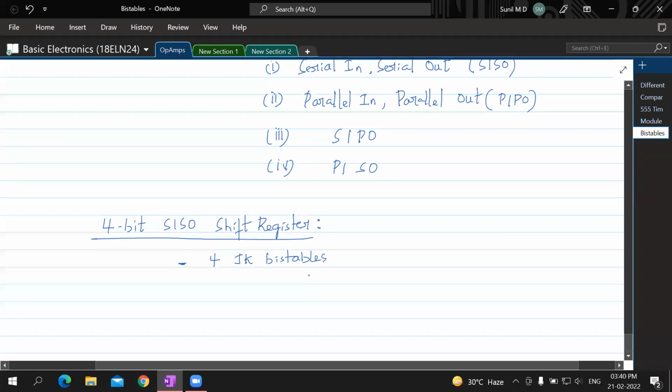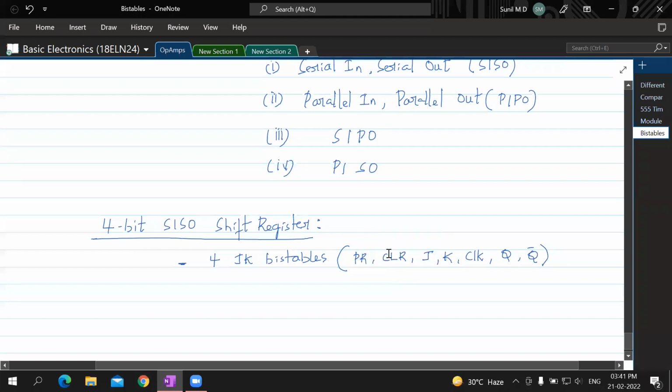4 JK flip-flops. All the 4 JK flip-flops have PR, CLR, J, K, clock, Q, and Q bar. All this would be there with each JK flip-flop. So we have 4 JK flip-flops. In each JK flip-flop, what is this PR? Anybody?